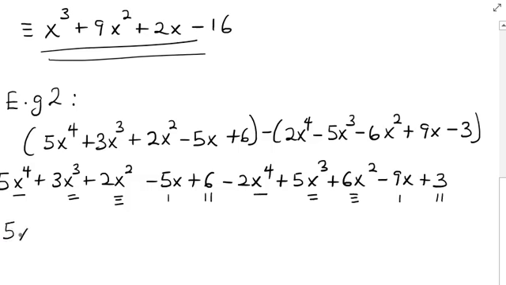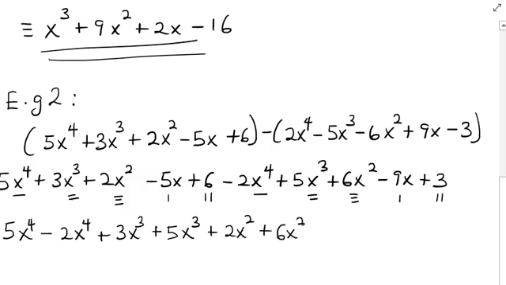So that will be 5x raised to the power 4, then minus 2x raised to the power 4, plus 3x cubed, then plus 5x cubed, then plus 2x squared, then plus 6x squared, then minus 5x, then minus 9x, then plus 6 and plus 3.